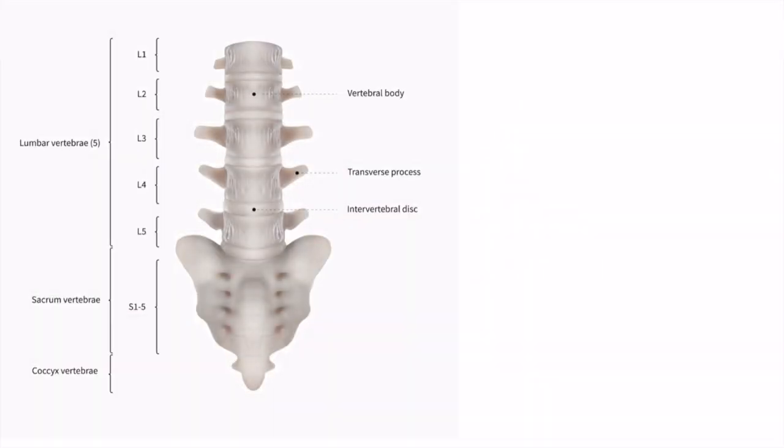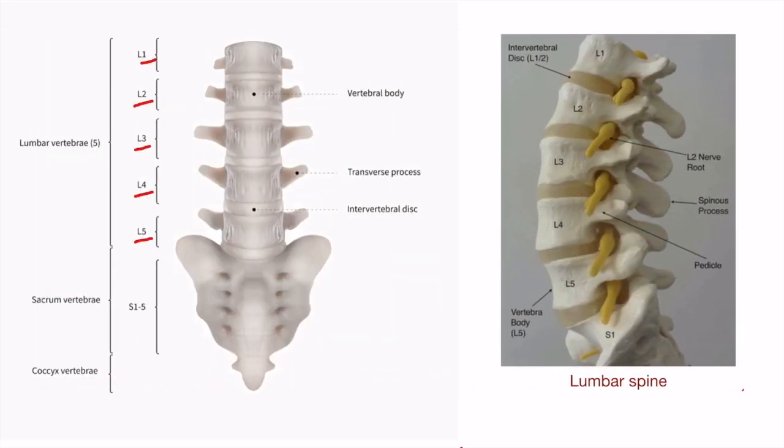Now, to understand lumbar degenerative disc disease better, let's have a quick look at the lumbar region. The lumbar region has 5 vertebrae, L1, L2, L3, L4, L5, and between each vertebra we have a disc. Between L1 and L2 vertebrae, the disc is the L1-L2 intervertebral disc.